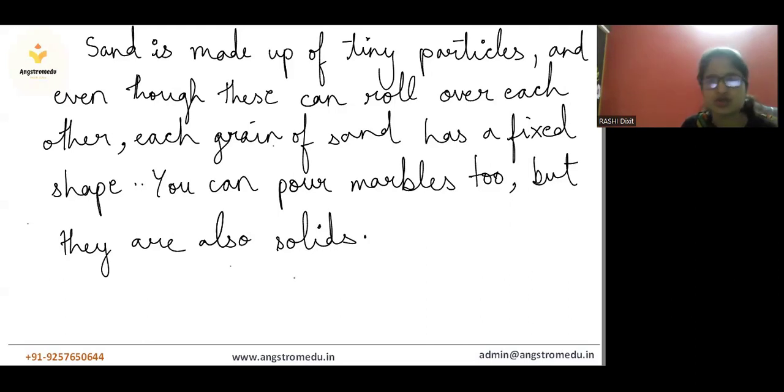They are also solids. So when we are considering the sand particles or the marbles, every one grain that is present in sand is a solid and it has a fixed shape. It's just that together, all of them can be poured, right? So that is the reason, right? Okay. Now, let us move ahead.